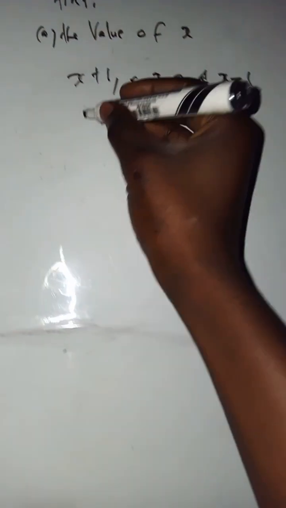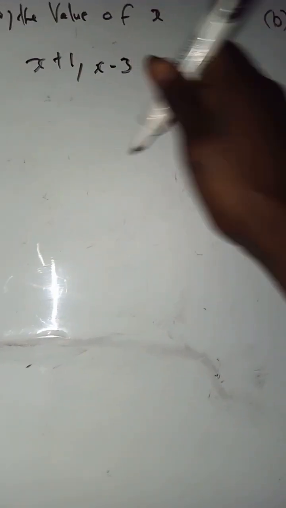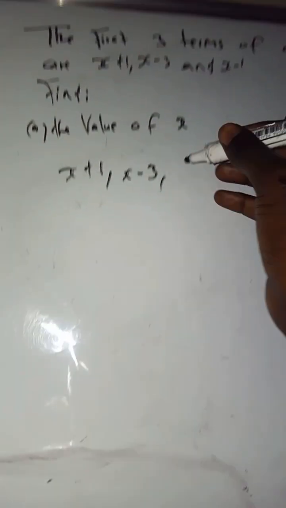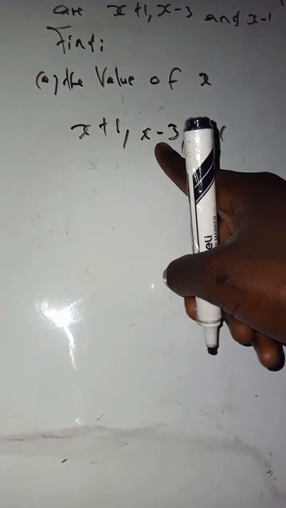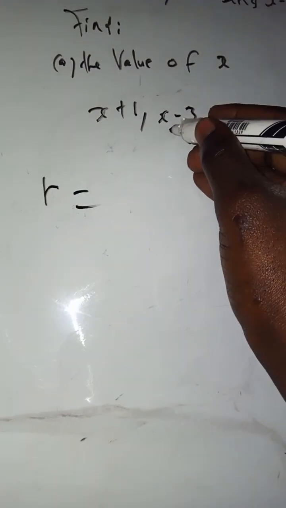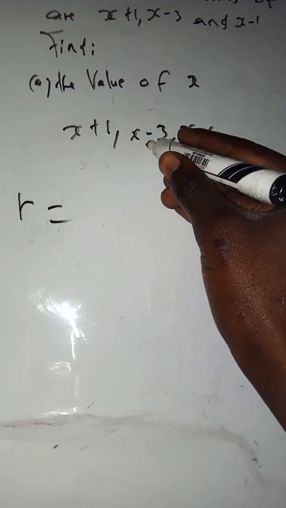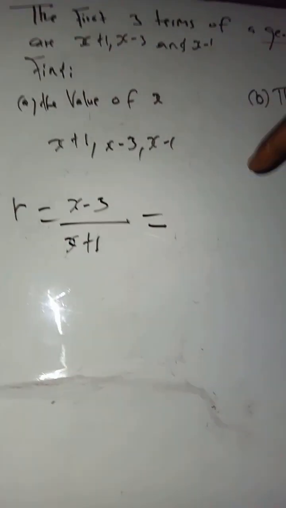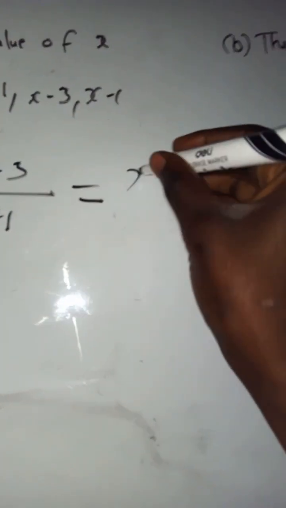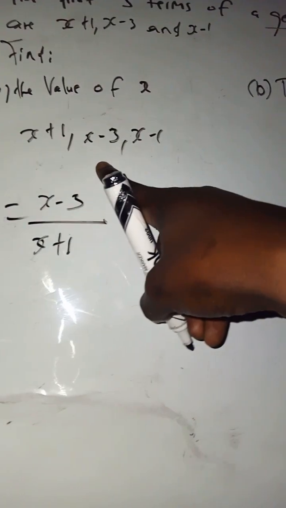Now, let me just do this: first term, second term, then third term. The term I'm looking at is this, so I can simply say r, the common ratio, equals the term I'm looking at, x - 3, divided by the previous term, x + 1, equals the term I'm looking at, x - 1, divided by the previous term, x - 3.